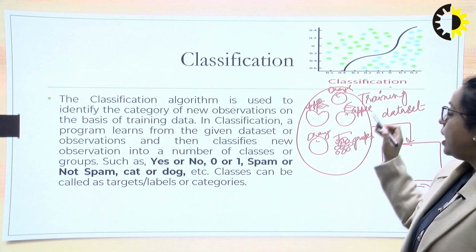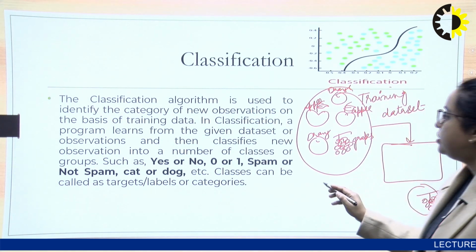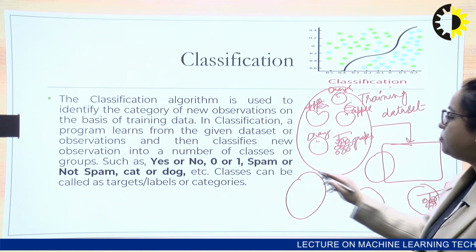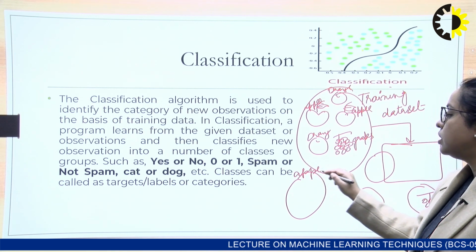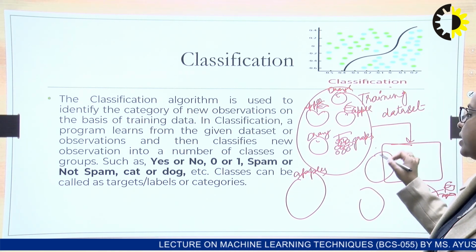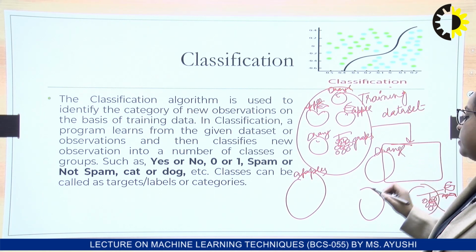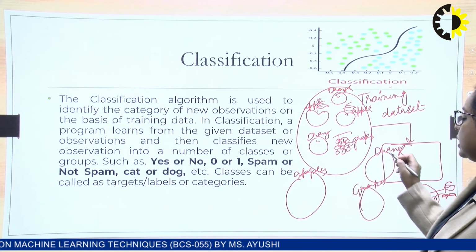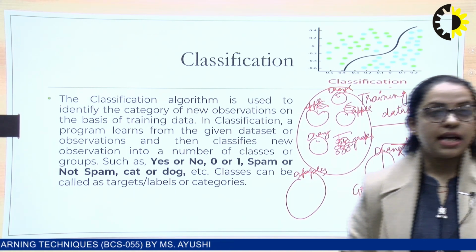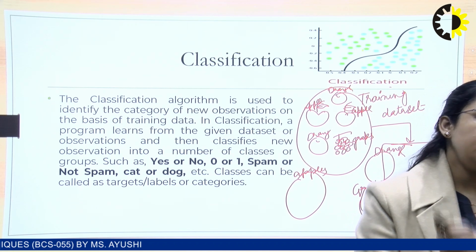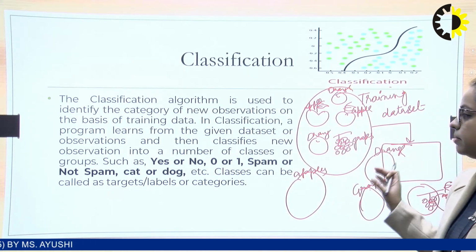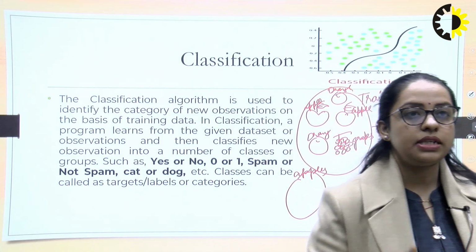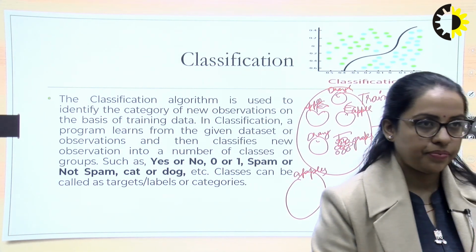So over this training data set, three groups have been created. The first group is for apples, the second group has been labeled with orange, and the third group has been labeled with grapes. So three classes have been created, and in these classes these 5 fruits will be classified. This is classification, the second technique of supervised learning.